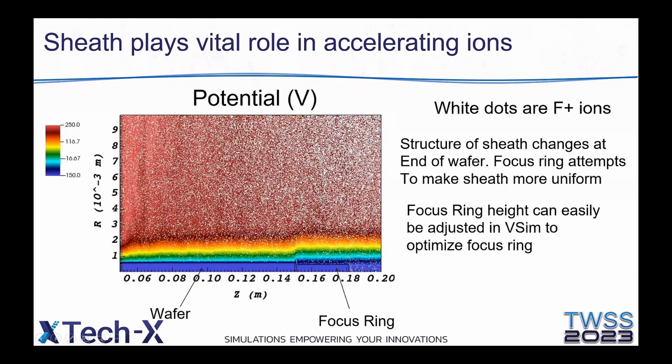And then these background dots are just the argon ions. I just superimposed them. These are the sorts of things that we want to use VSim for, to model these sheath effects. And the white dots are the fluorine or fluoride ions.